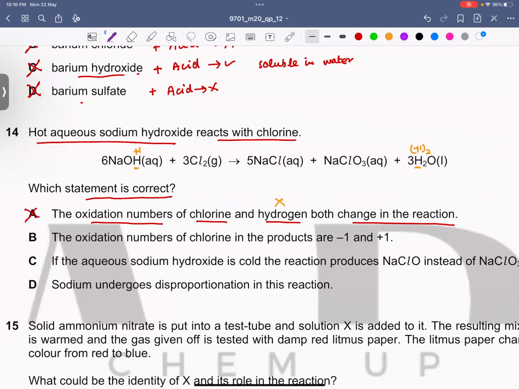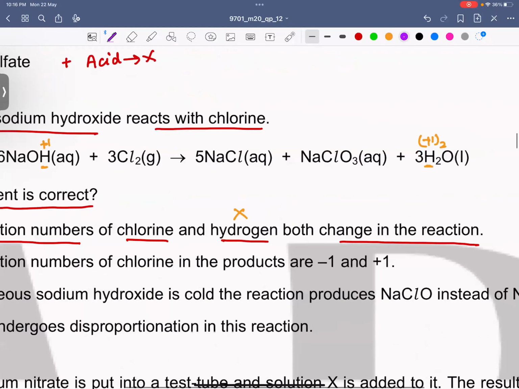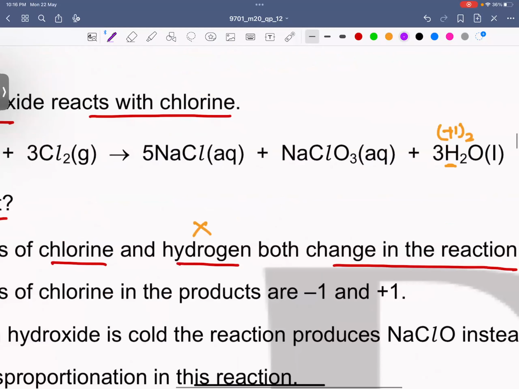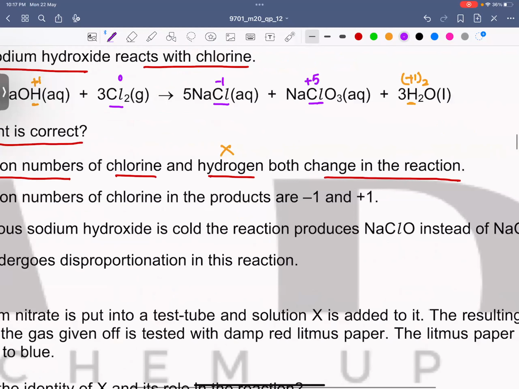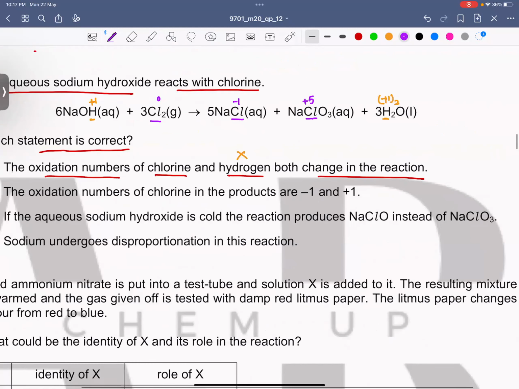If you work it out, the oxidation number must be +6 for sodium and chlorine together because the net charge is 0, and sodium is in group 1, so it has a +1 oxidation number, which clearly indicates that chlorine has a +5 oxidation number. So for chlorine, this statement is correct, but for hydrogen, this statement is wrong. Is this understandable to everyone?